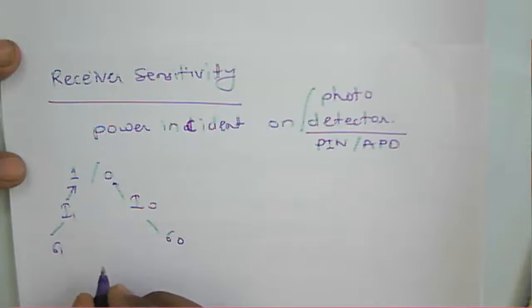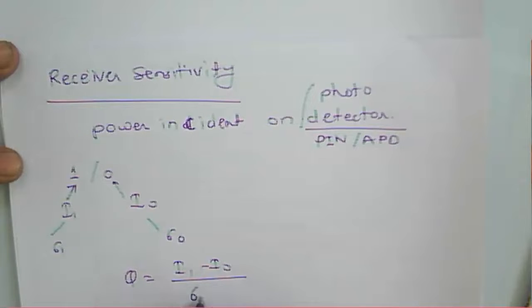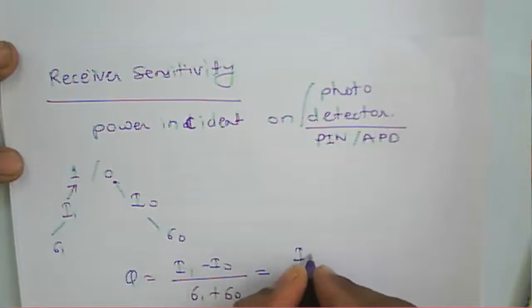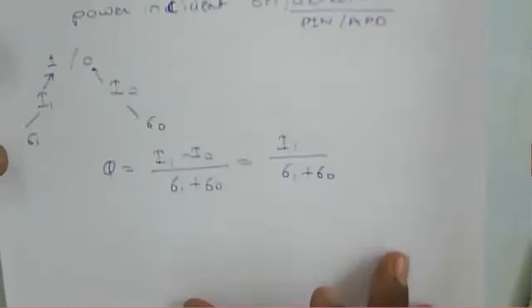If we assume that there is no zero pulse, in that case, Q is equal to what? Q equals (I1 minus I0) over (sigma 1 plus sigma 0), that is the general equation. If there is no zero pulse, then it will be I1 by (sigma 1 plus sigma 0).